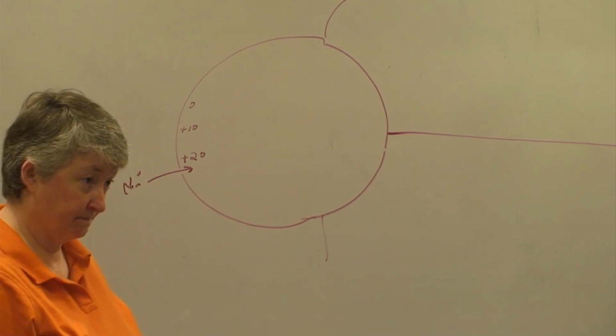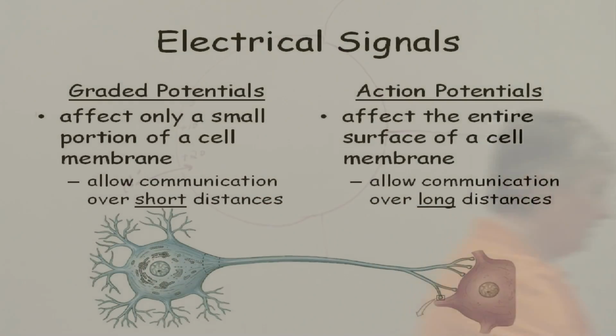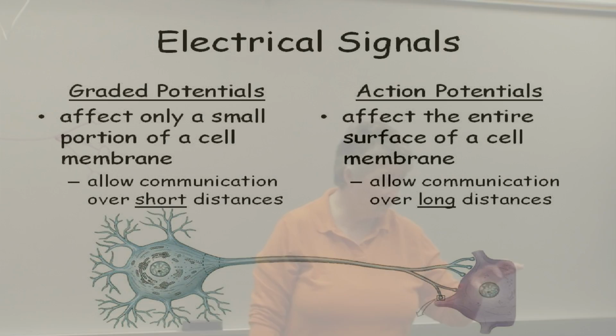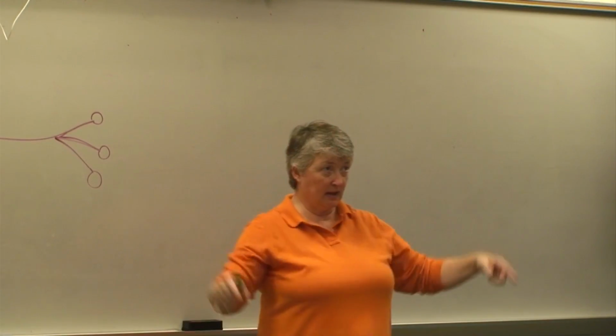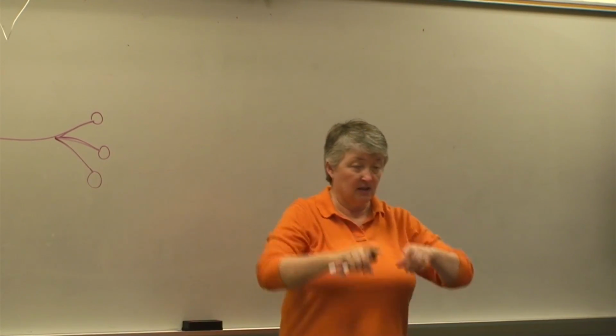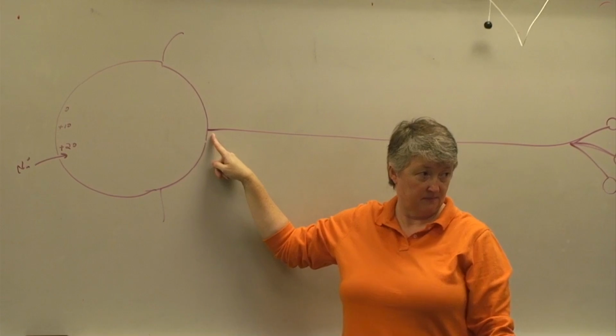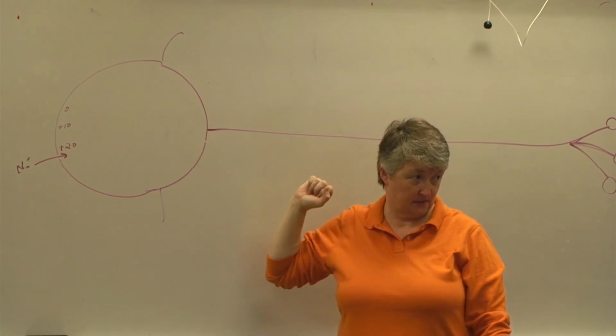And so that's why we say graded potentials vary with size, but they can only affect a limited portion of the membrane. And so you have to have enough of those, enough sodium running in enough places to get depolarization over here at the beginning of the axon. Make sense?